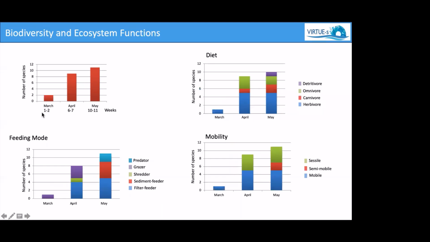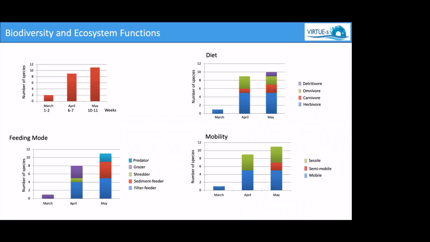In the first 2 weeks, 1 and 2 weeks, and then after 6 to 7 weeks, we took some plates again, and then after 10 and 11 weeks, we took the plates again, or the discs. So the number of species, we counted the number of species here from 2 to 9 to 11. Okay, so there is an increase in the number of species. So, what you will notice here is that we did not count the individuals, but we just counted the number of species.